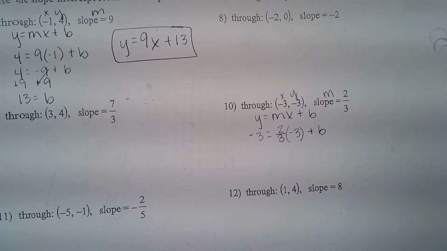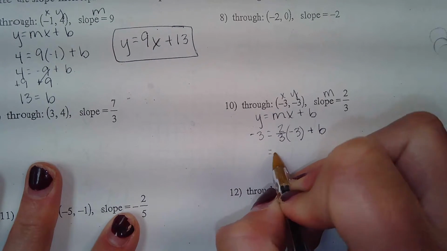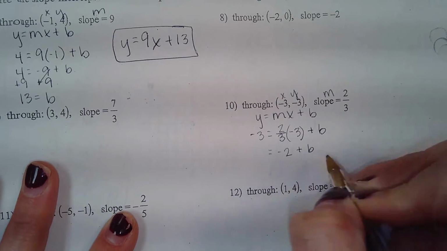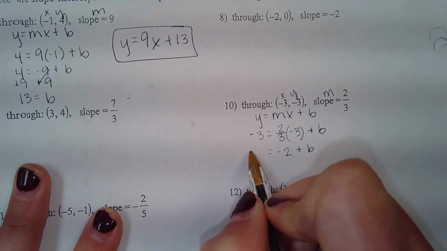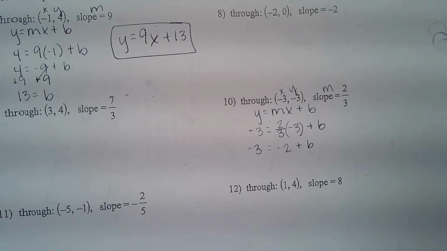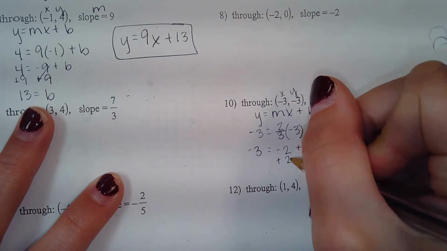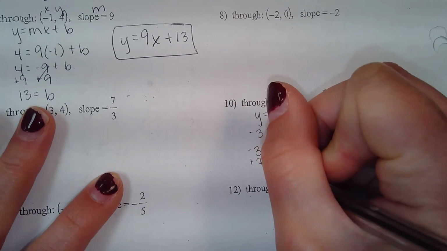So what is 2/3 times -3? You're going to do that on your calculator, because some people have -2. Then we add 2 because that's the -2 and we're trying to get the b by itself. So add 2 to each side. What's -3 plus 2?